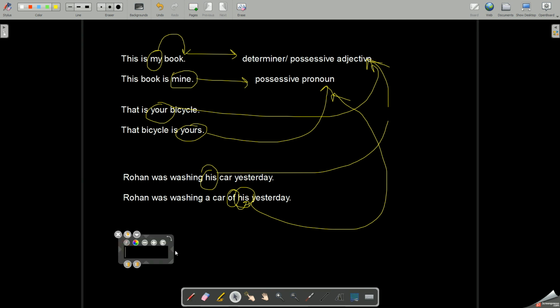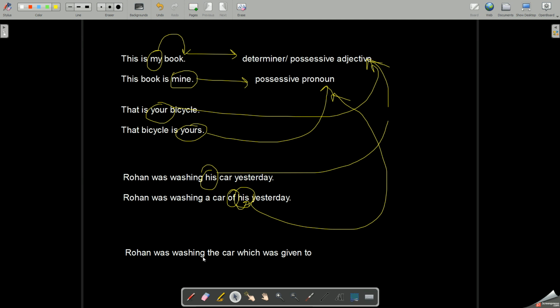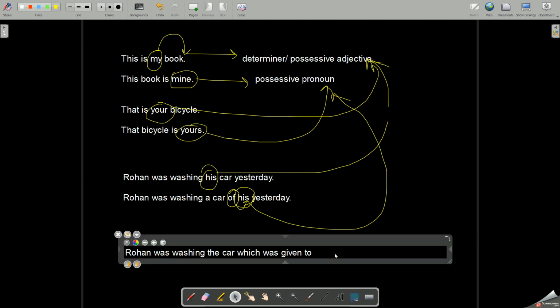If I write it like this, I say Rohan was washing the car which was given to him yesterday.